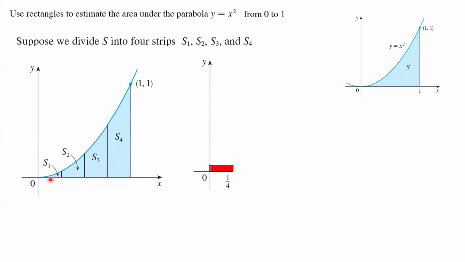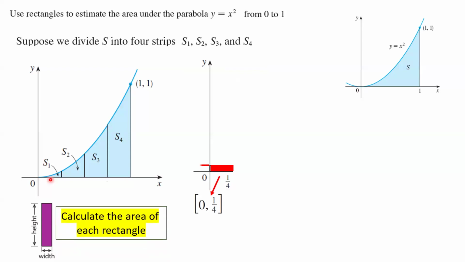Between 0 and 1/4, we want to calculate this little area bounded on the subinterval 0 to 1/4. To calculate this little area, you basically need to find the width and multiply by the height. The width is just 1/4, and the height is 1/4 to the second power. So the area of this small rectangle is 1/4 times 1/4 squared.